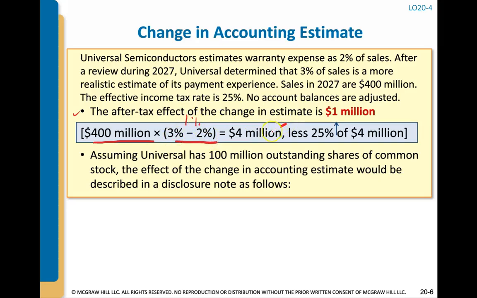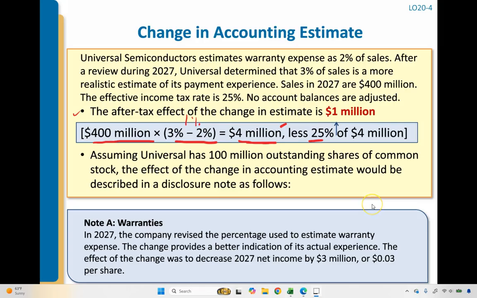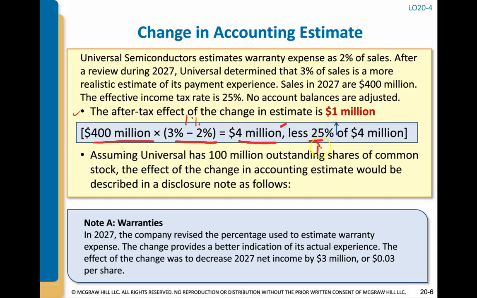So we have more warranty expense of $4 million than we would have using the 2%. And then you have to tax effect it, because if you have more expense, then your tax expense will be reduced, so you have less tax benefit. Our tax rate is 25%, so our net effect when we take this change will be an additional $3 million.